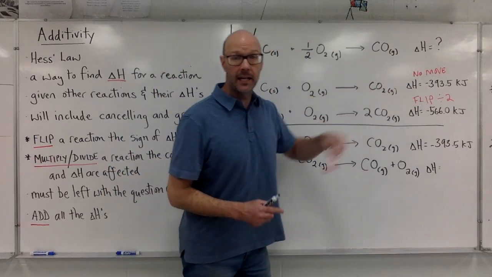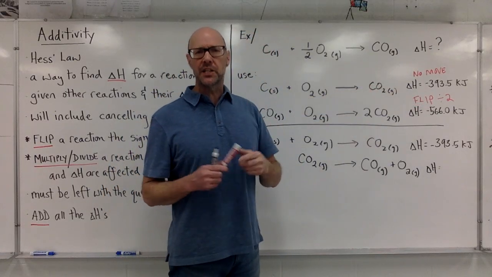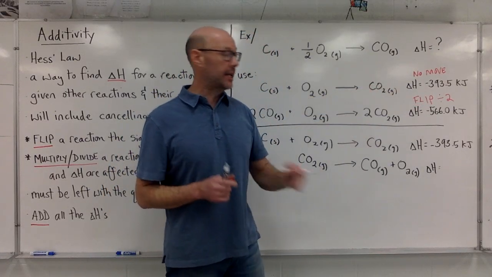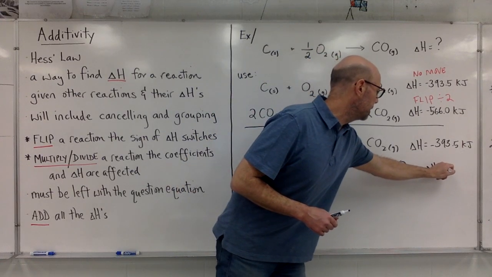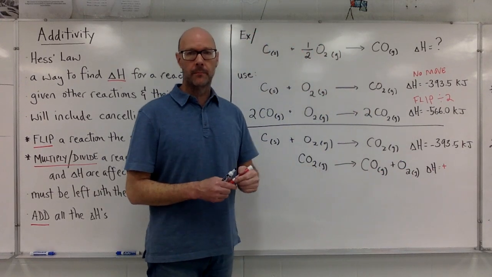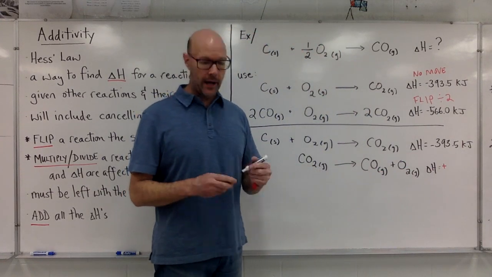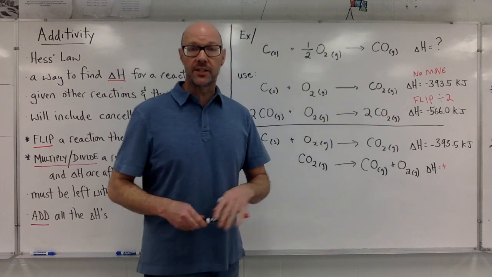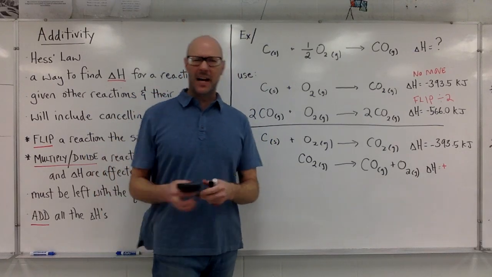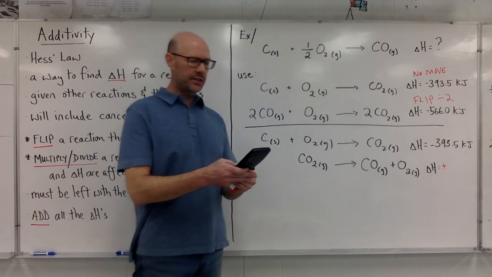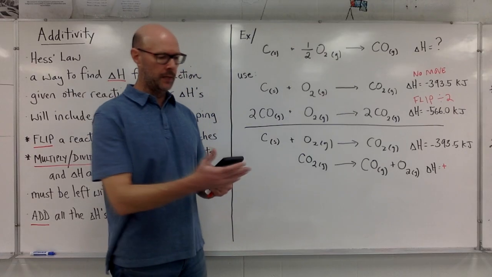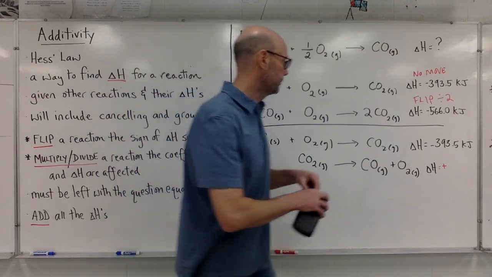It was negative. Normally we don't write in a plus if it's positive, but here I want to be very careful. So I put my plus in there. The sign changed, and now I have to take 566 and divide it by 2. I take my time. 566 divided by 2. 283.